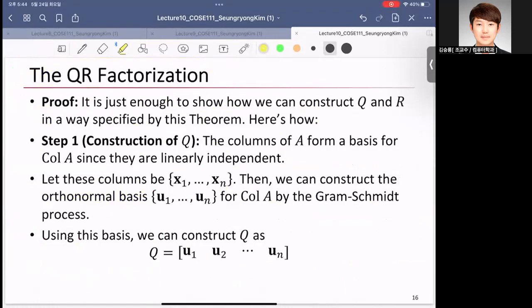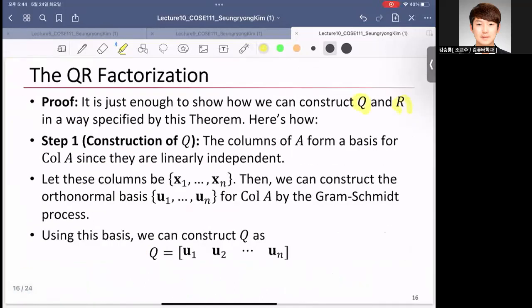Question so far? No? All right. So first of all, it's just enough to show how we can construct Q and R in the way specified by this theorem.